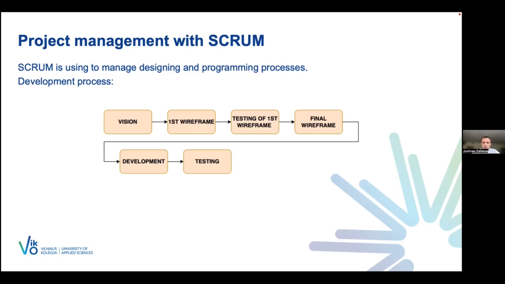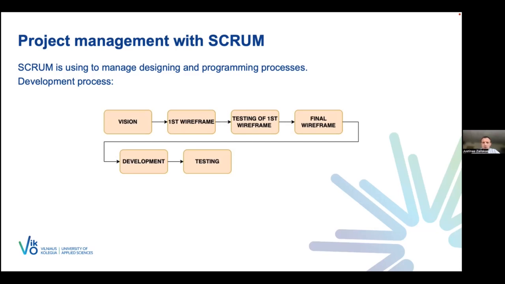What does one sprint look like? The development process starts with a vision of how the user interface should look. The user interface designer creates the first prototype, which is evaluated by the researchers' science team.